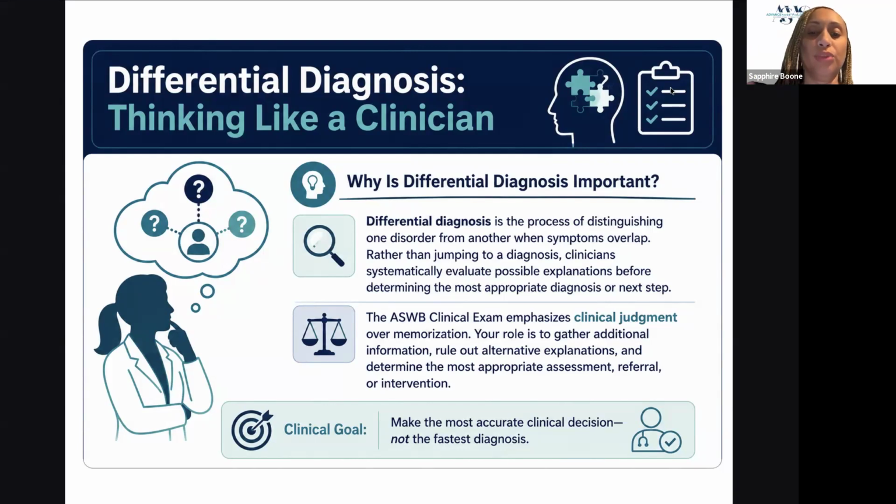So it's important to really understand that clinical judgment and being able to rule out based upon several things. I'm not saying that at the master's level you can't differentially diagnose, but it's going to be more focused on the clinical exam than the master's level, because the master's level is just going to really look at symptom recognition.